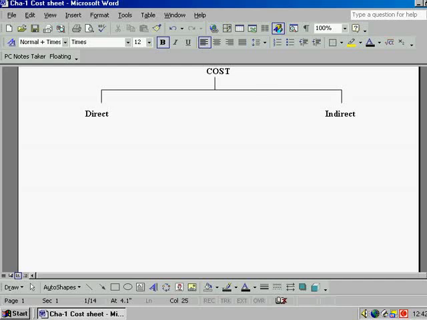Direct costs are those costs which are directly attributable to the product. The cost that we have incurred directly on the product. Now what exactly do I mean by this? Please understand this. Suppose we are making shirts. The cost of the cloth.